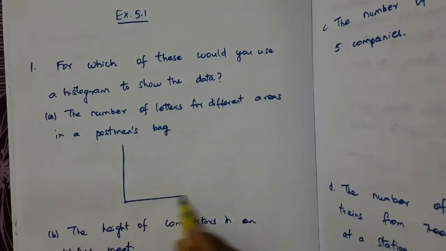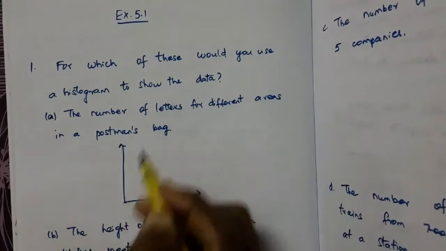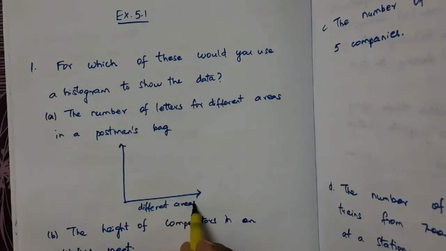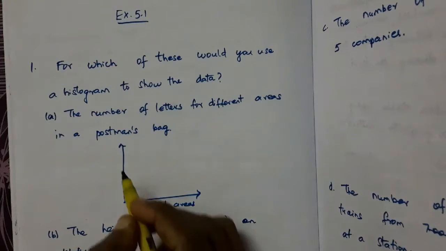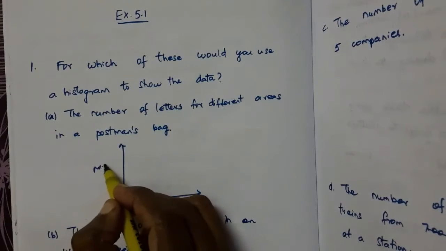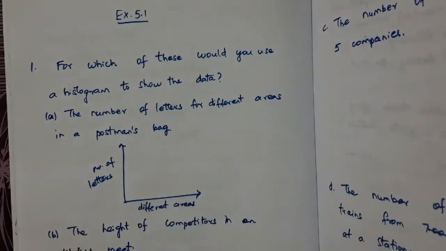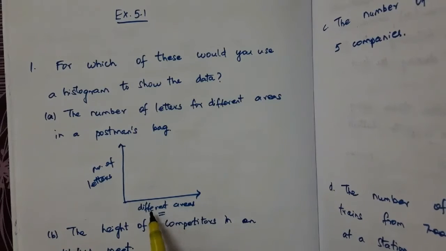Just for understanding, I am doing this. Here the different areas should come, and for different areas I have to show a number of letters. The problem here is that it is not possible to represent different areas as class intervals.